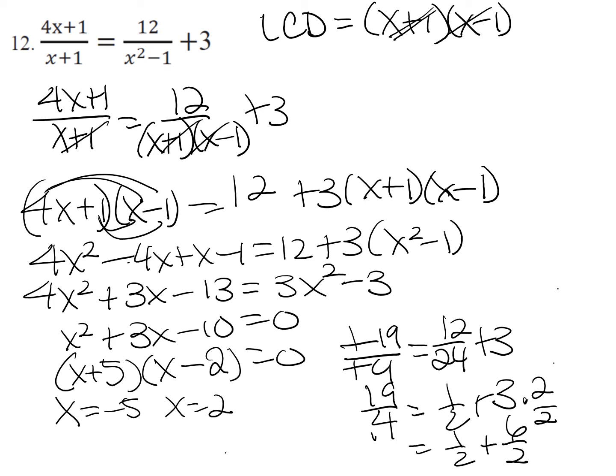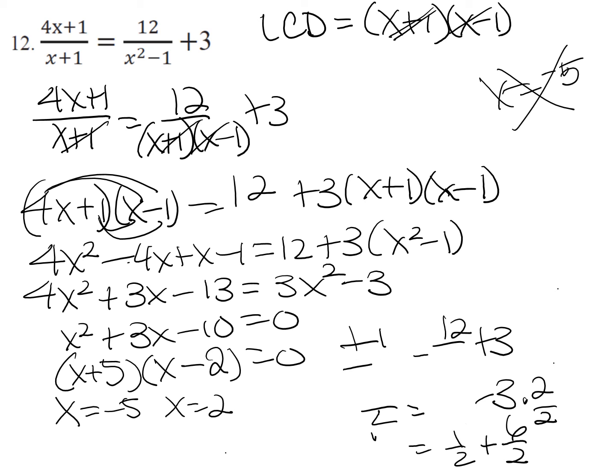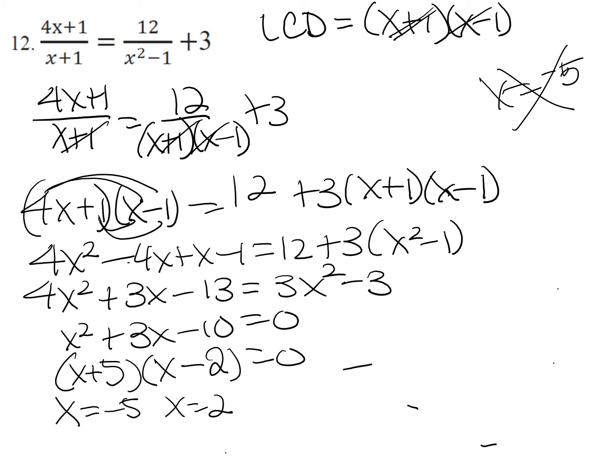Maybe not. Okay, so right now I'm going to say it's not x equals negative 5 because I'm not getting the right outcome. Okay, so let's try the 2 and see what happens. Let me see. Oh, I see what happened.